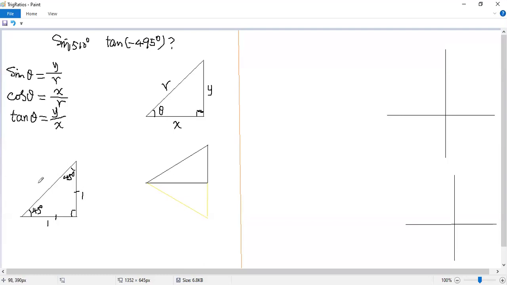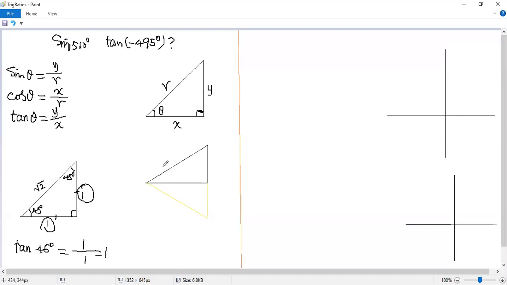Using Pythagorean theorem, the hypotenuse equals square root 2. So we can calculate, say, tan 45 degree equals opposite side 1 over adjacent side 1 equals 1.